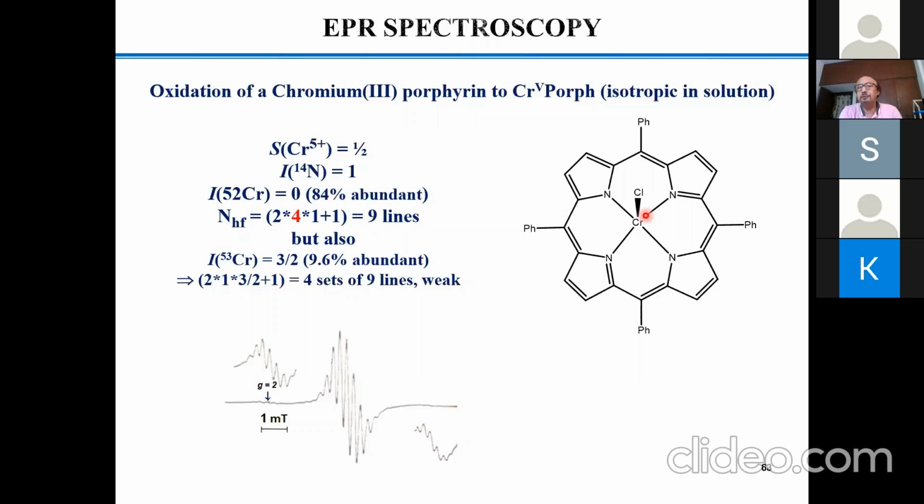And indeed, if you look at the crystal structure of this molecule, you will see that this metal chloride distance is slightly longer than what one could estimate under standard conditions, and that is why it is not reflected. But there are many occasions, and I will also talk about that later in today's talk, where chloride could take part in the hyperfine splitting profile of a compound.